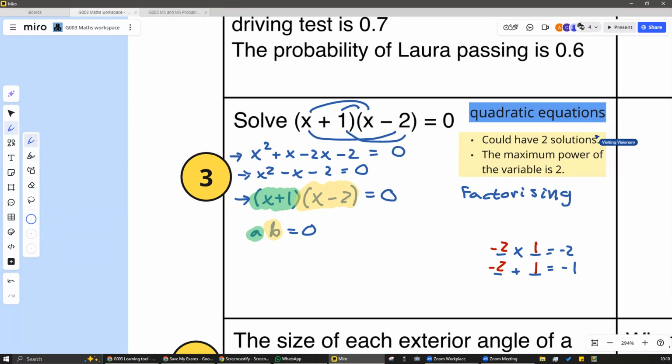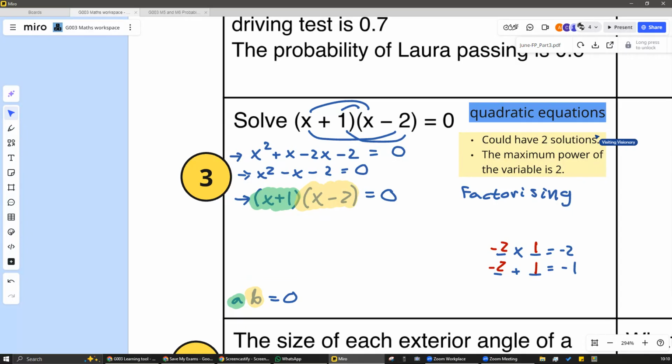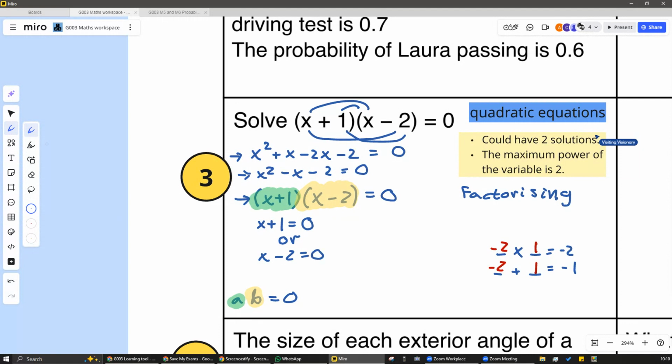So we don't know which one is equal to 0. In this example, we could say a is equal to 0, or we could say b is equal to 0, or maybe they're both equal to 0. But we don't know which one or whether it's both. So in the same way, up here, we can say x plus 1 might be equal to 0, or, and this is why I said it could have two solutions, x minus 2 is equal to 0.